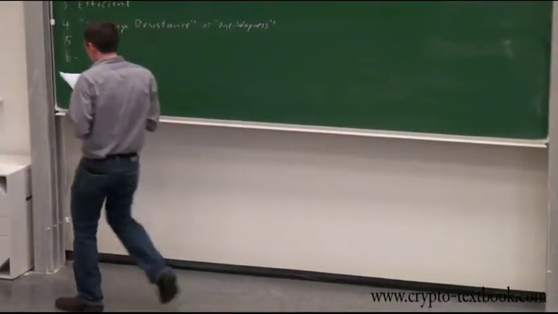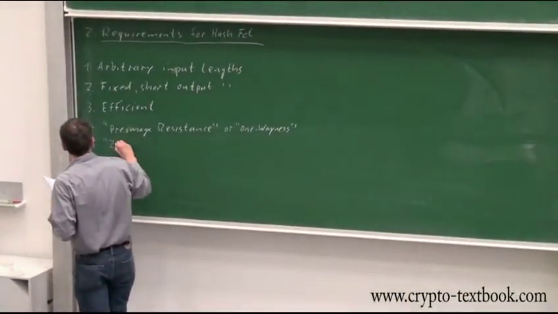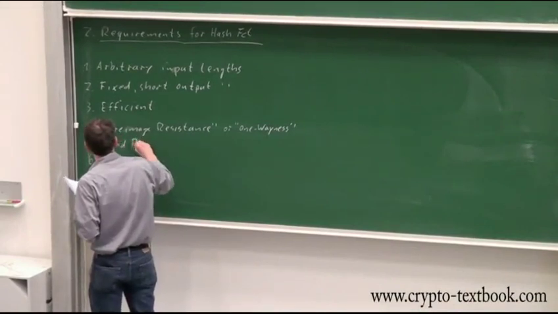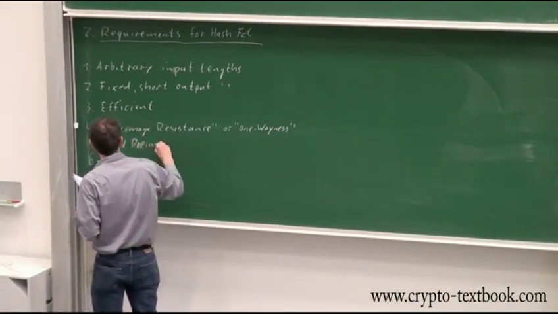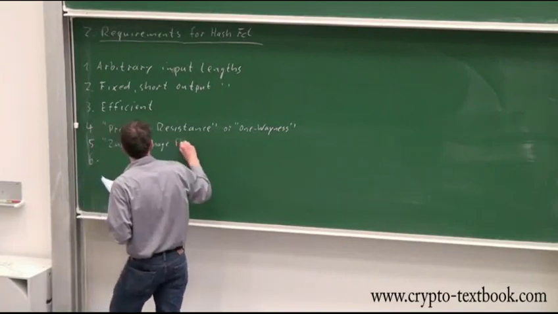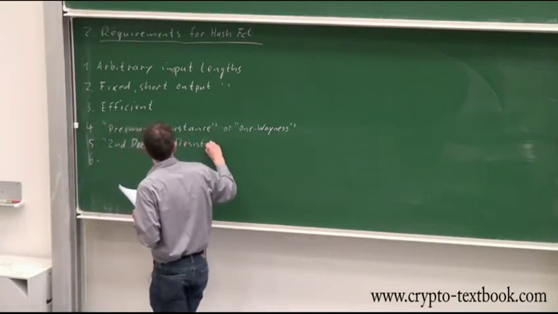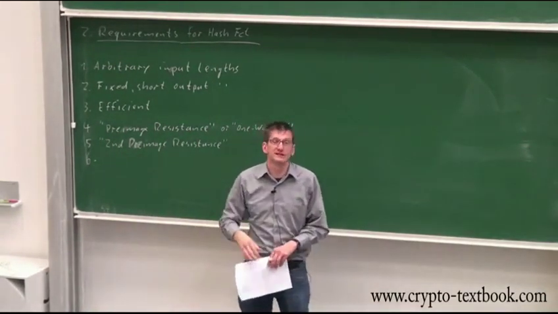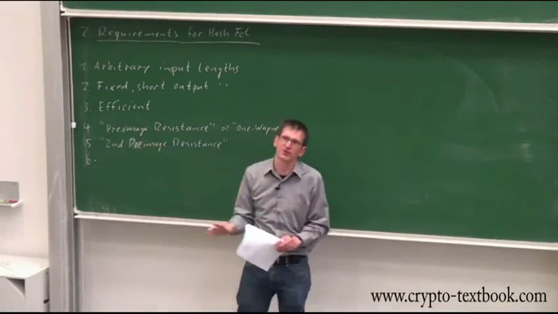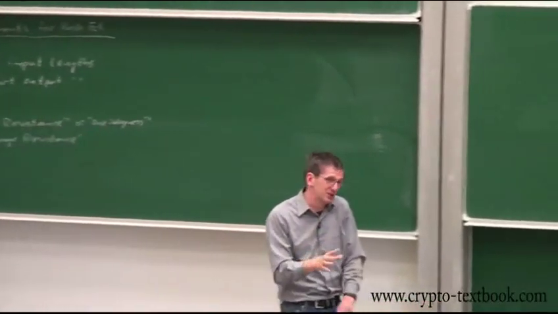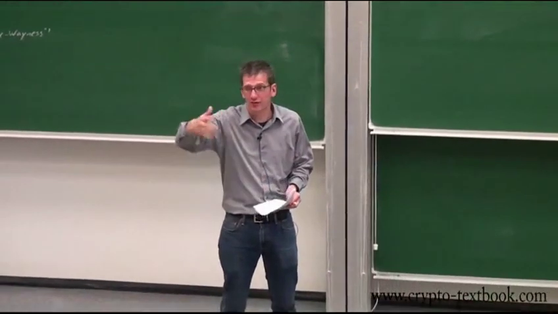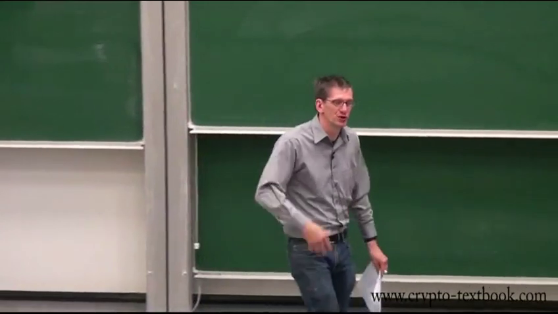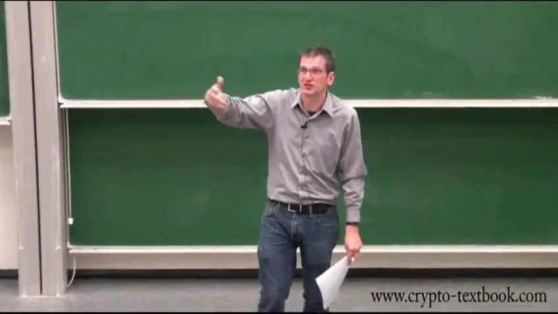Then the second one is called second preimage resistance. Preimage is a term I hate because it's far too complicated. What they mean with preimage is input. Das Vorbild, right? Not like an idol, but the previous image, or the input image.